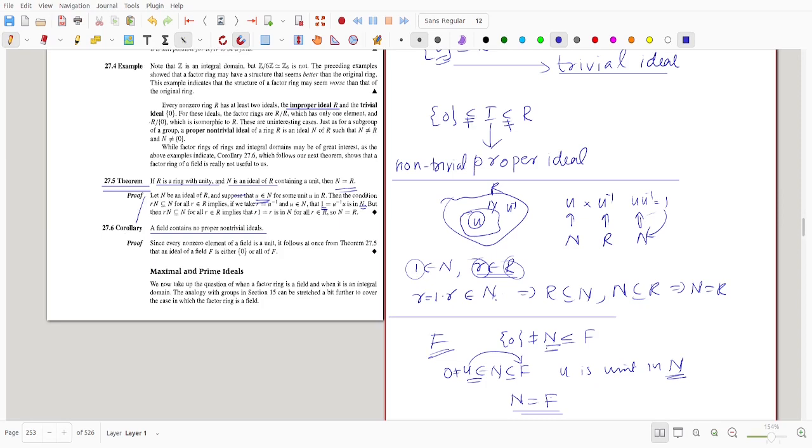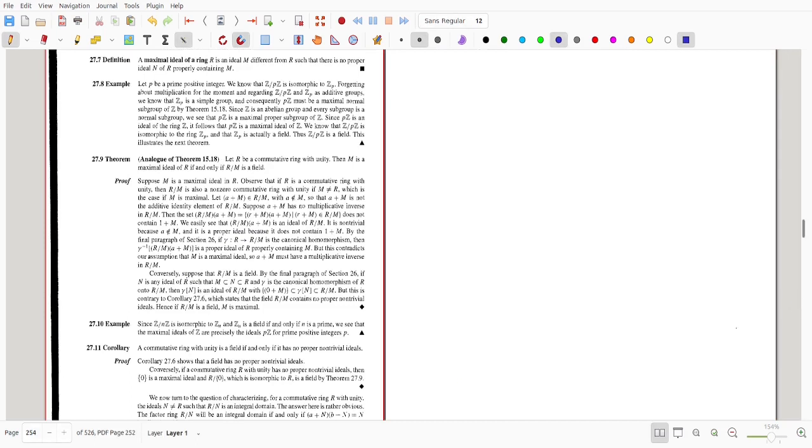27.6, a field contains no proper non-trivial ideals. Now we can define maximal ideal. This is the definition of maximal ideal. A proper ideal m is said to be maximal if there does not exist any proper ideal which properly contains m.